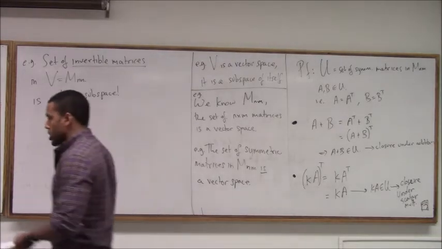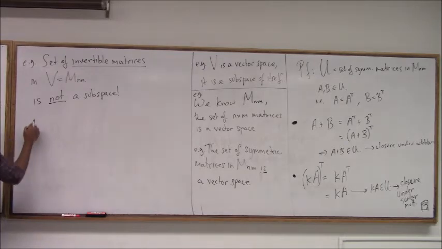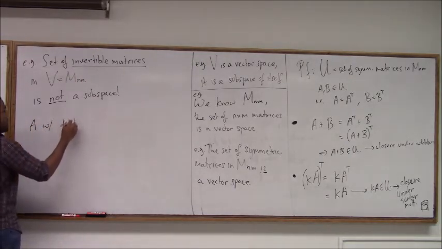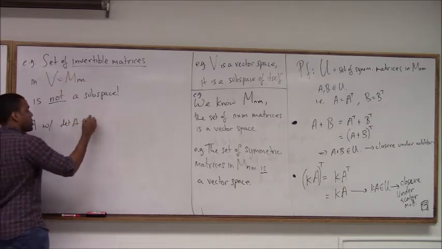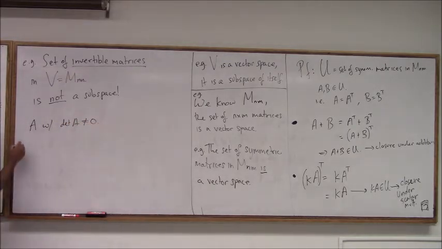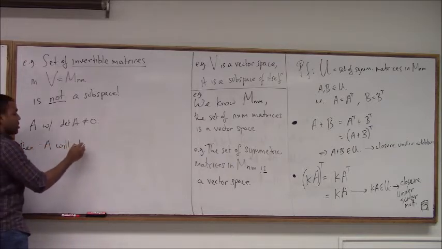It's an easy thing to check. You take a matrix A that has a non-zero determinant, determinant of A not equal to 0. Then if we take the negative of A, we'll also have determinant not 0.